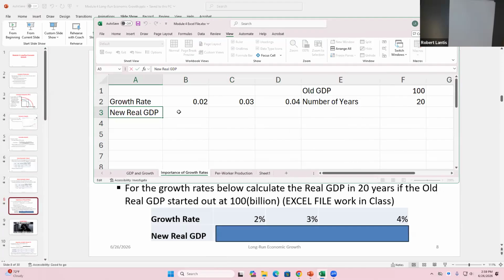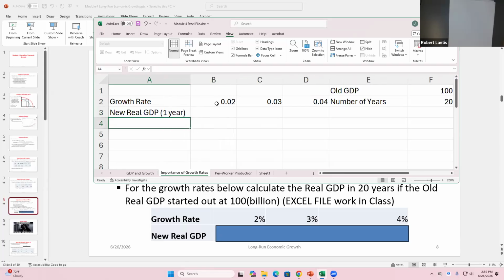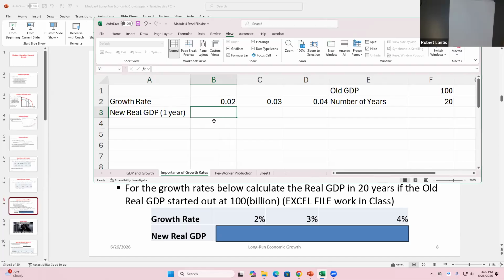And I want to calculate my new real GDP 1 year from the current. Well, the equation we had was: take my starting GDP of 100 and multiply that by 1 plus my growth rate. That would tell me the real GDP in the following year, after 1 year.